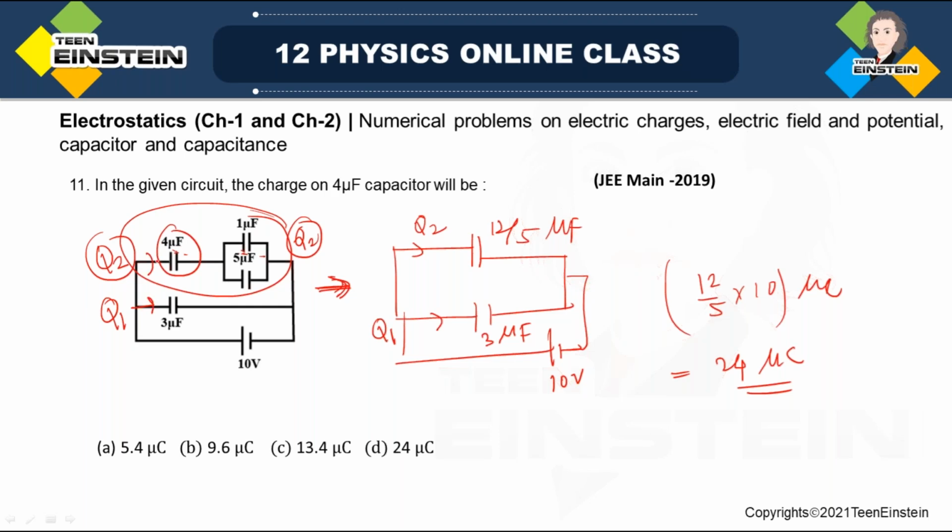Not only this 4 microfarad will take this Q2, but the whole branch. Since they are in series, this Q2 will be same for this particular branch. So Q2 will be calculated in this way. So it is actually 24 microcoulomb.